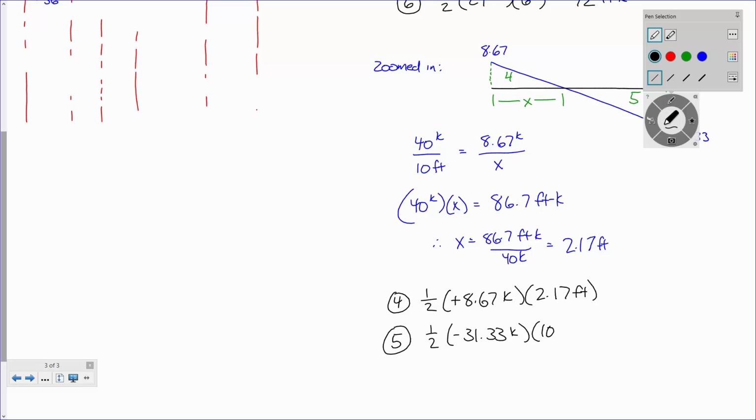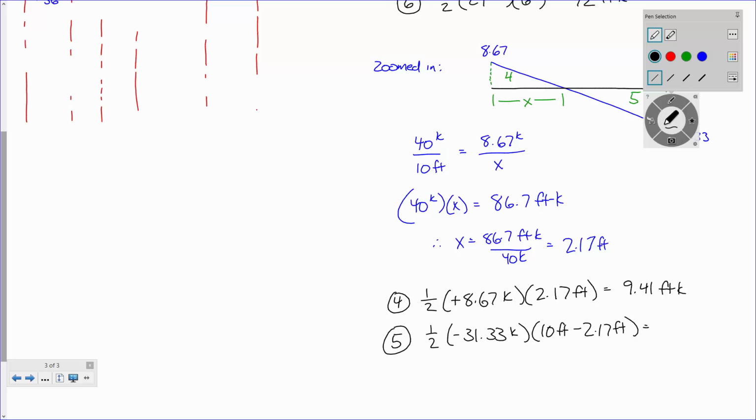What is that? 10 feet minus 2.17 feet? On the top? Which one's which? The top's 2.17. Or 9.41, sorry, I was reading wrong there. Sorry, you can do it up here. I was looking at the X values. Now I'm doing it. All right, top one, 9.41.